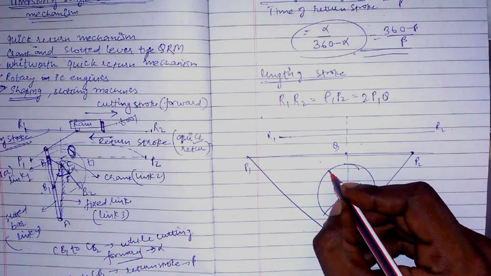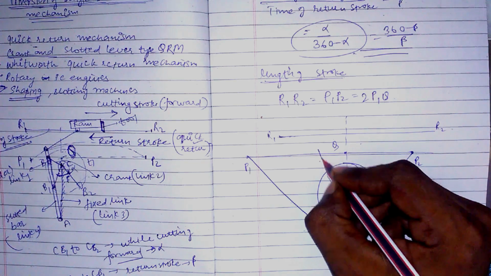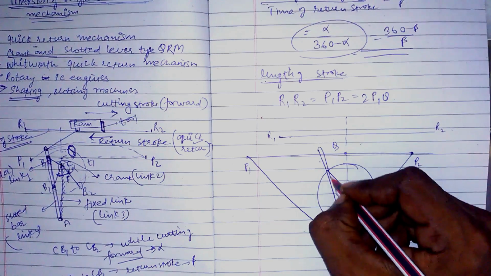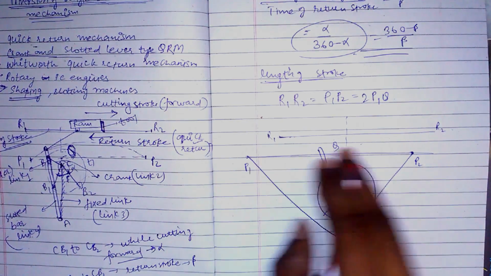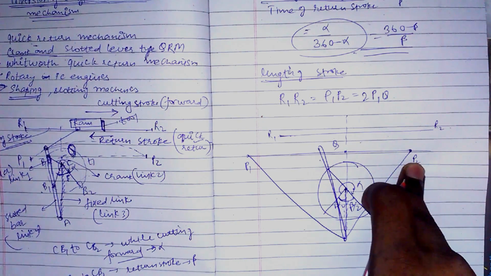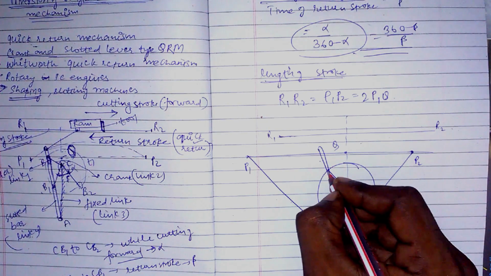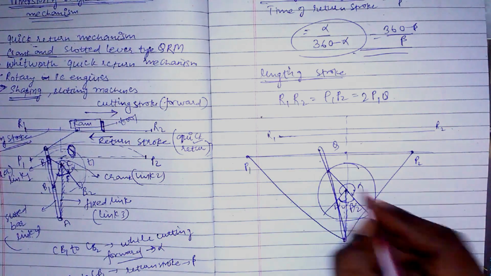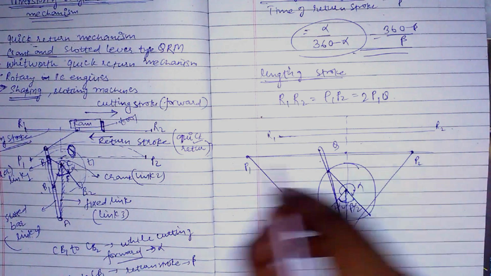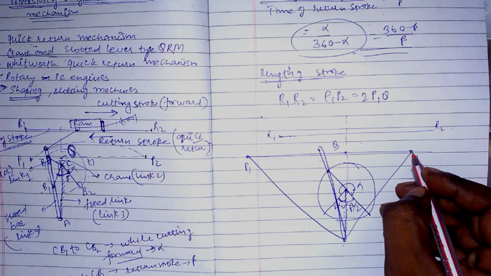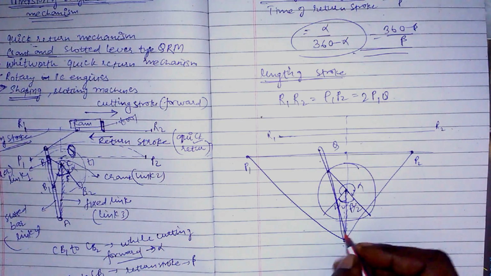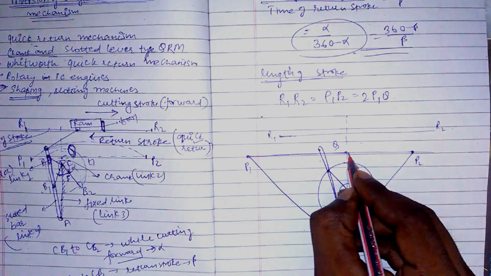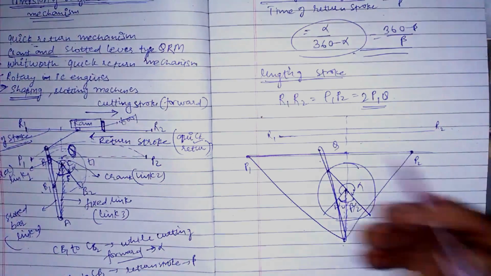Suppose it is over here at some point, and over here at some other time. When it moves to the topmost position, it would be at point P1, and at the maximum of the cutting stroke it would be at this position. So we have to find this value P1Q, because we have 2 times P1Q.